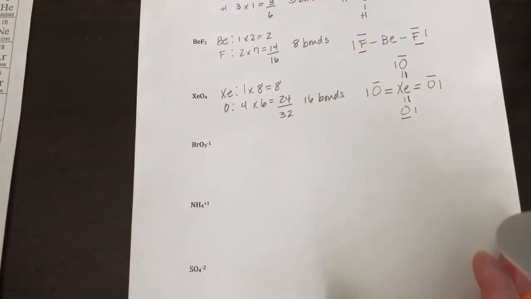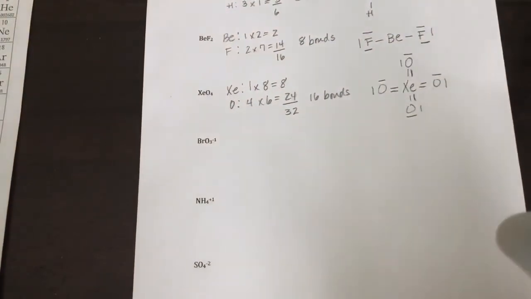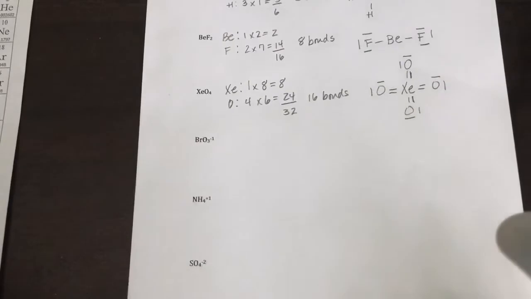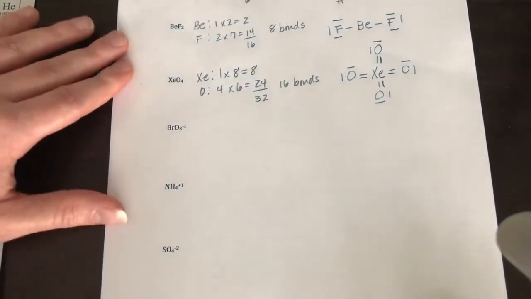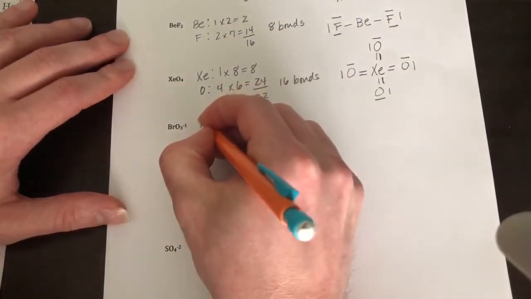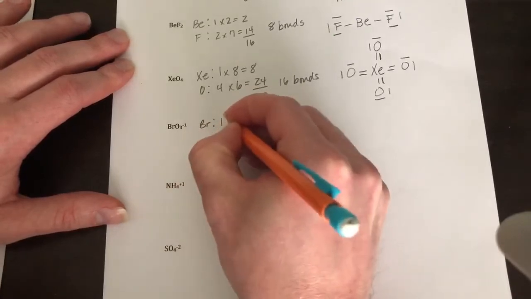Okay. BrO3 with a -1 charge. Now, it's important that you remember that if something has a -1 charge, that means that it gained 1 electron. If it has a positive charge, it means it lost an electron, to complete its valence shell. So bromine, I have 1 of those. It's in group 7.